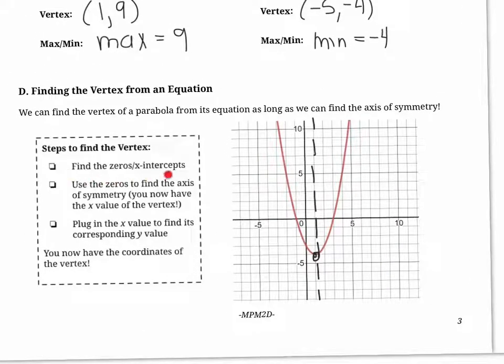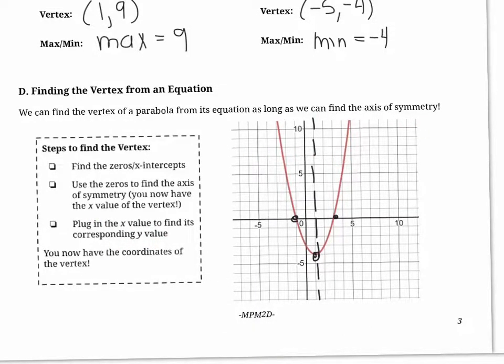If we find the zeros first, so if we find the x-intercepts first, and then use that to find the axis of symmetry second, then the x value of the vertex will be the axis of symmetry, and then we're going to find the y. So we're going to find the x-intercepts, use the x-intercepts to find the axis of symmetry, and then use the axis of symmetry to find the vertex.